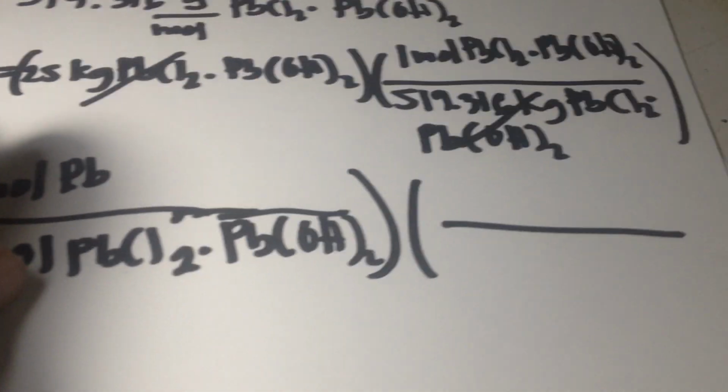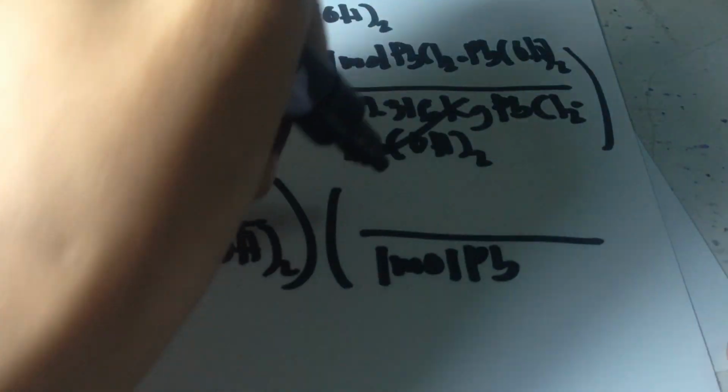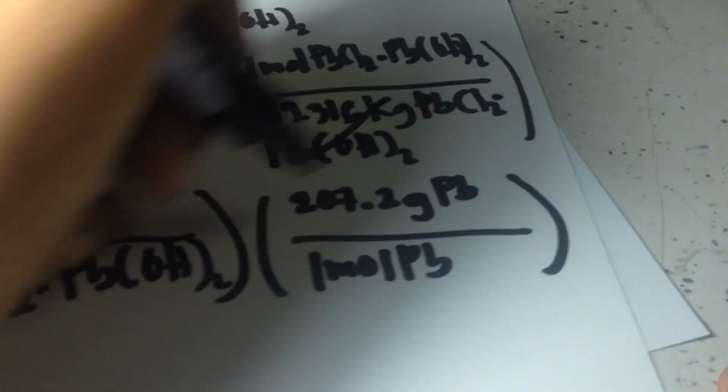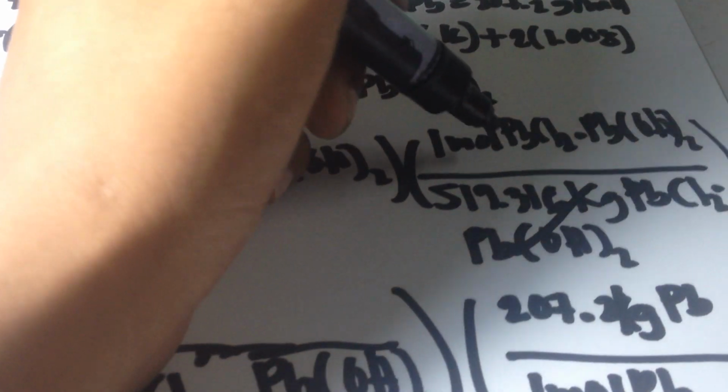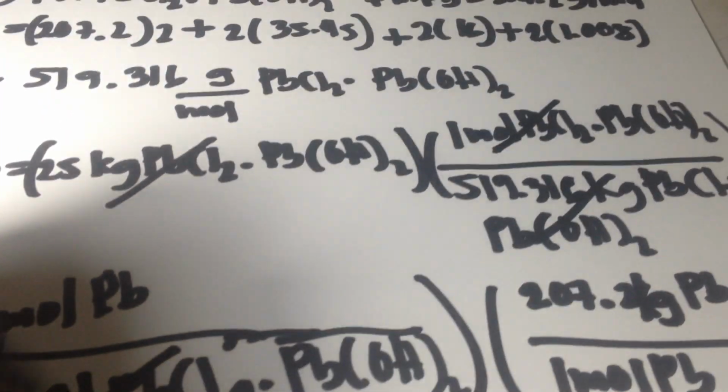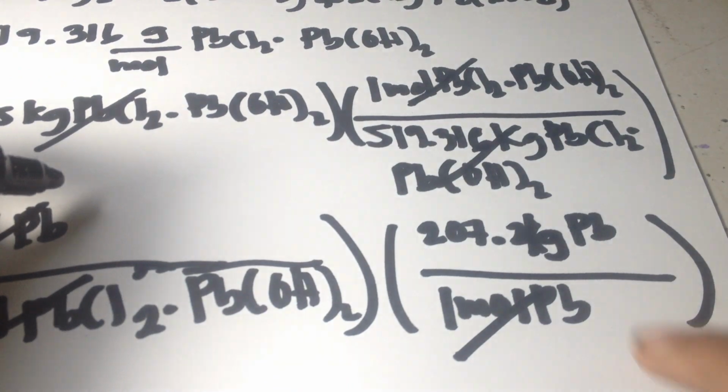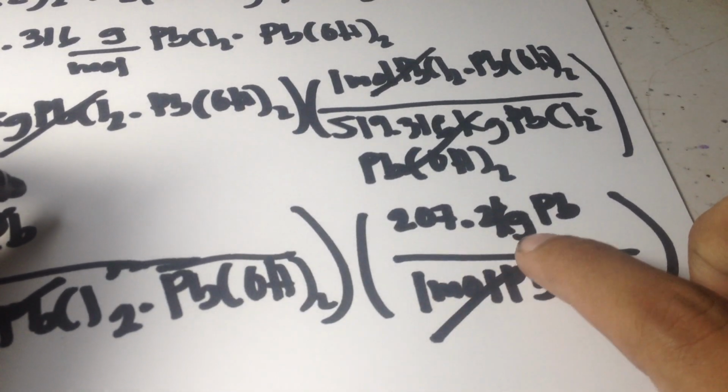So here, 1 mole of lead times 207.2 grams of lead, sorry, kilograms. The moles cancel out, and the left is kilograms.